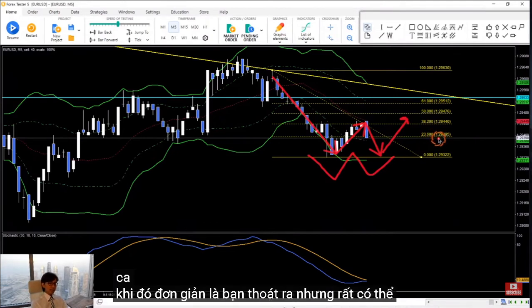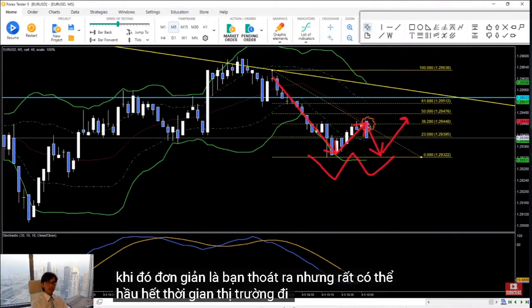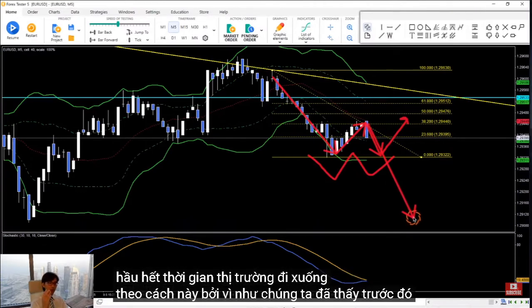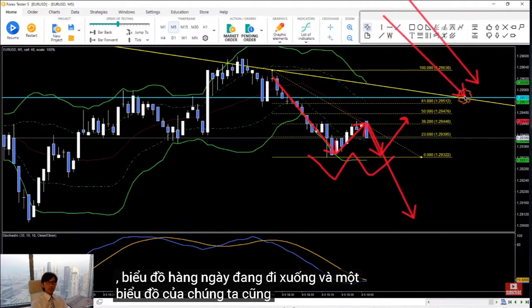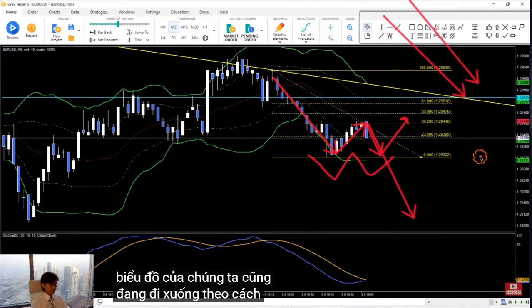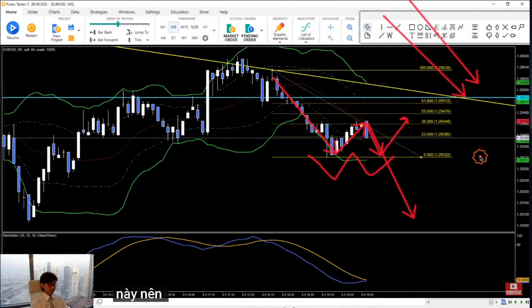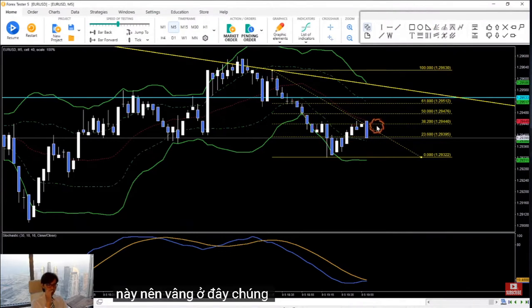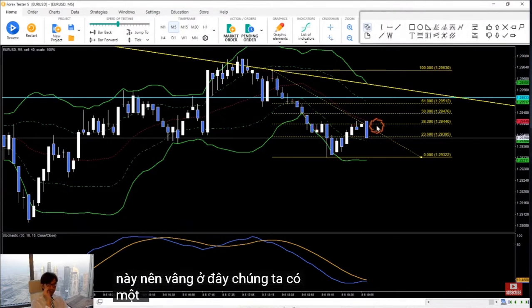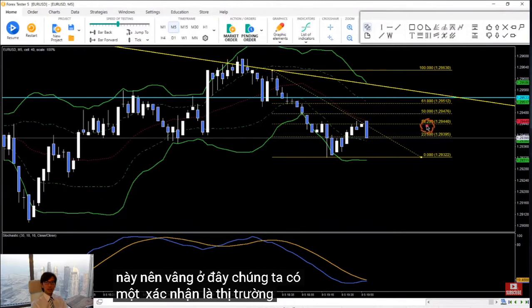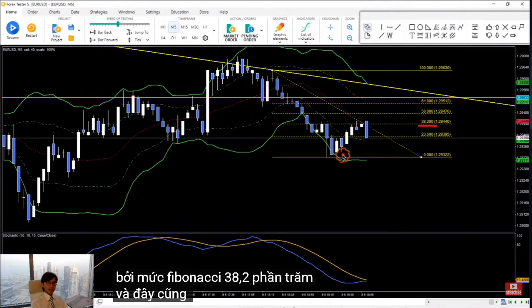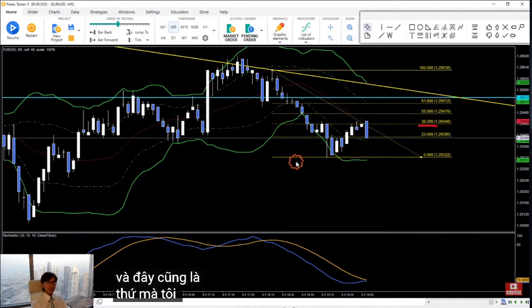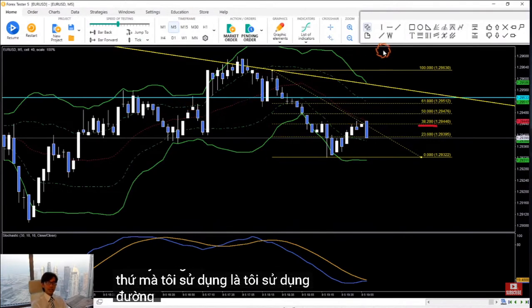But most of the time, the market goes down this way because, as we saw earlier, the daily chart is going down and the 1 hour chart is also going down. So here we have one confirmation, that the market bounces by the Fibonacci level, 38.2%, and also something that I use is the counter trend line.